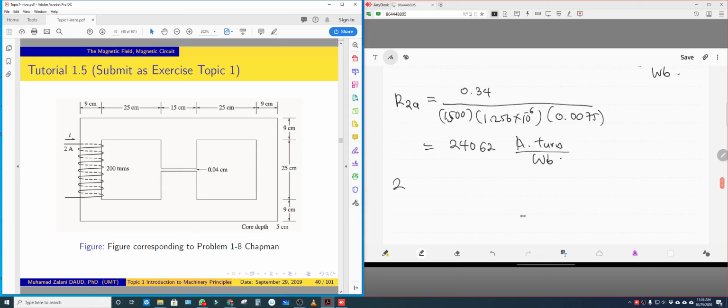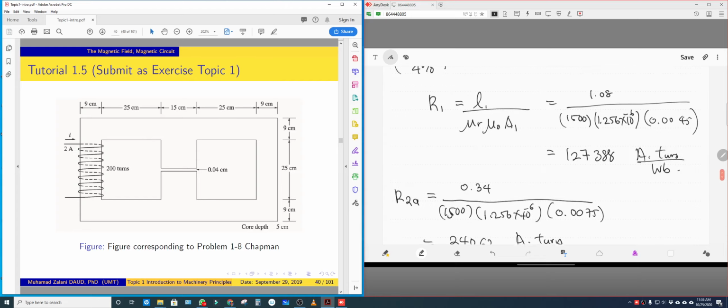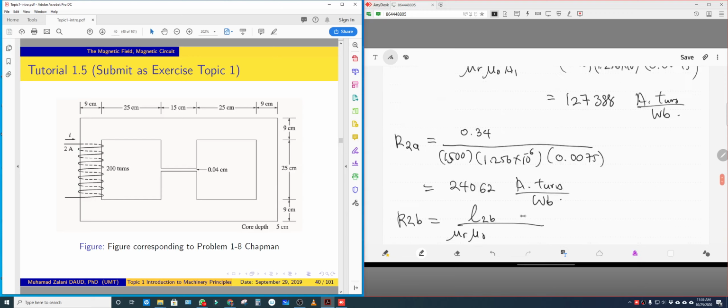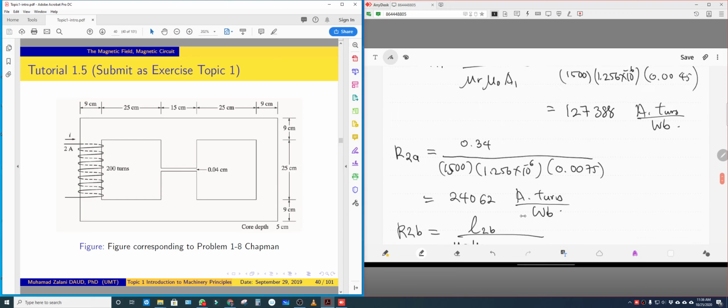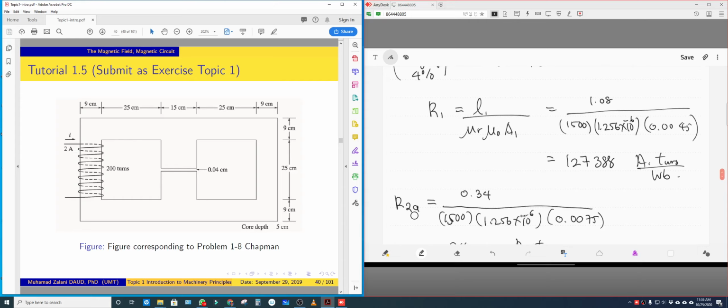So next adalah R2B lah. R2B, which is L2B divided by mu R mu naught A2B. Baliklah.